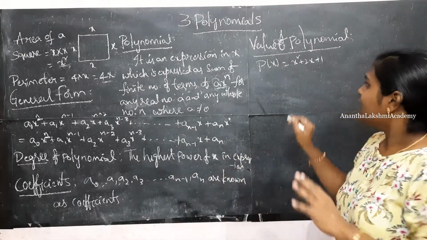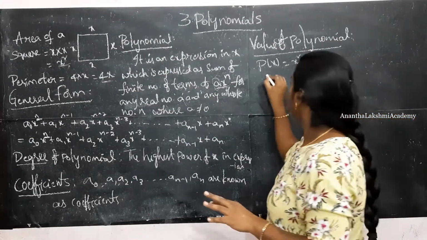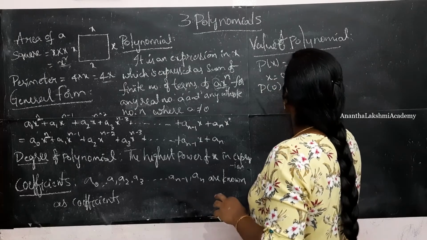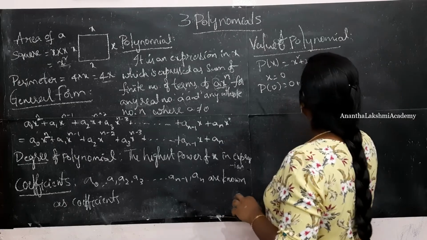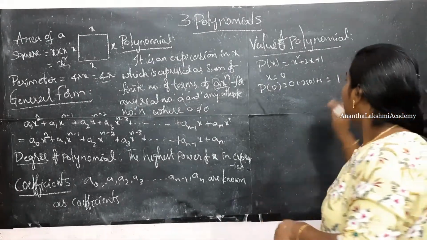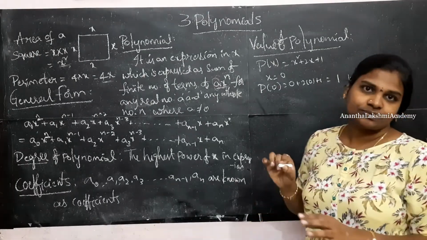Alright. Now, if I substitute x is equal to 0, p of 0 is equal to 0 plus 2 into 0 plus 1, which indicates 1. P of 0 is equal to 1 when x is equal to 0.